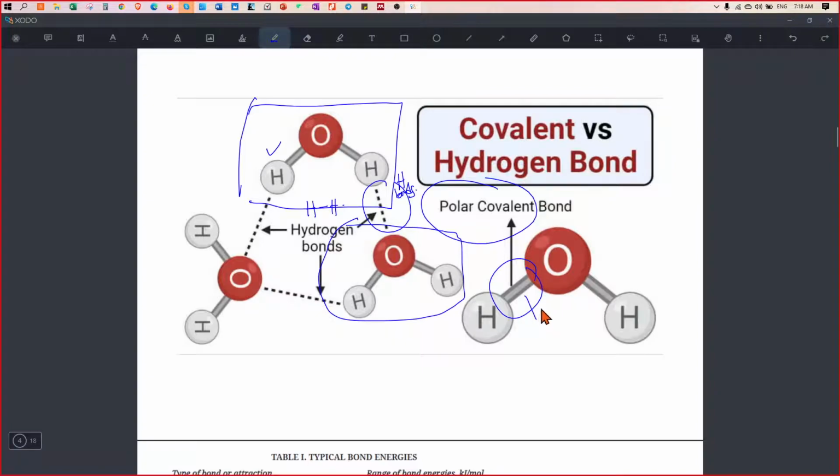So this part here is the covalent bond. So you can see that the hydrogen bond is a lot weaker than the covalent bond, so it would take a higher amount of energy to break this. Okay, it's not easy to break hydrogen and oxygen. Okay, but it's a lot easier to break between the hydrogen of one water molecule to another water molecule.